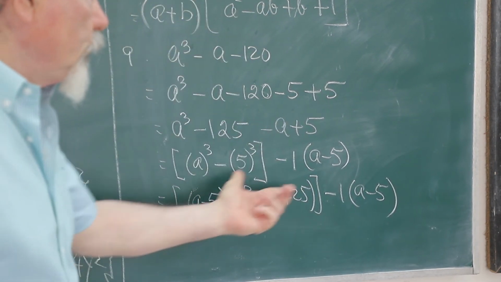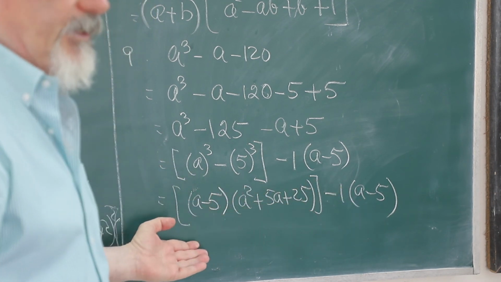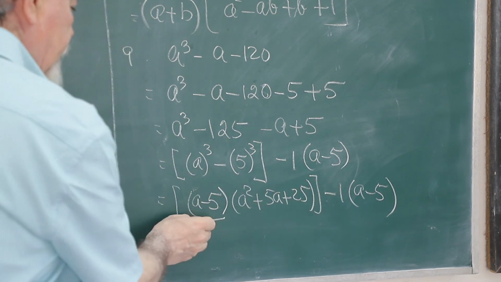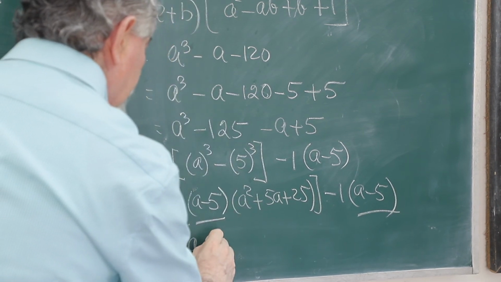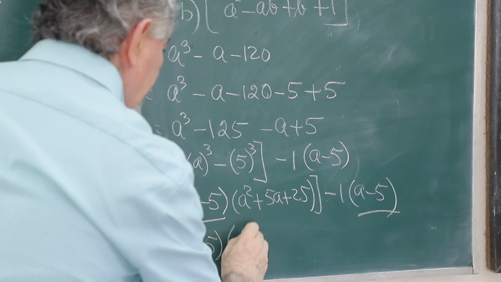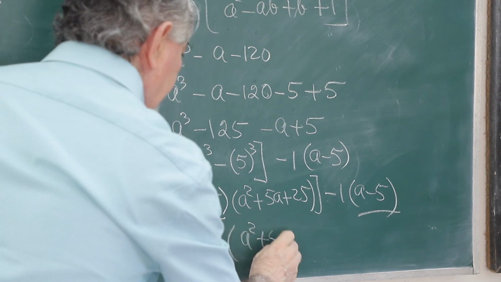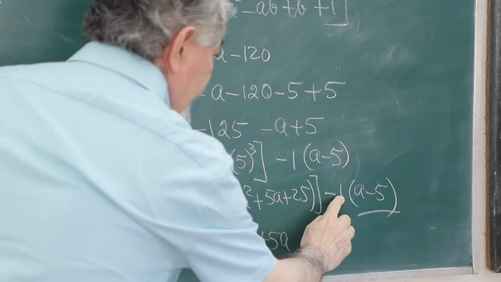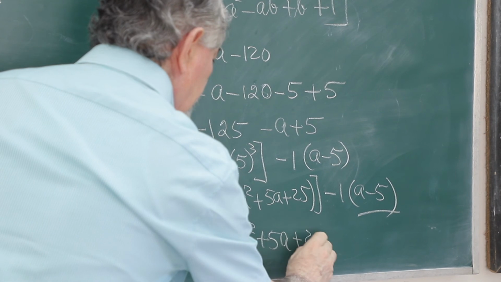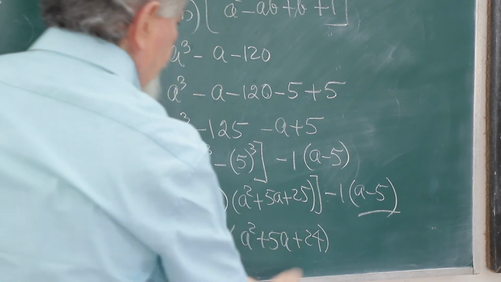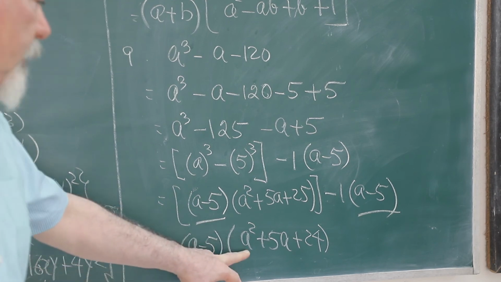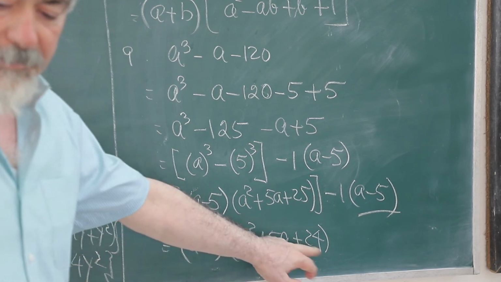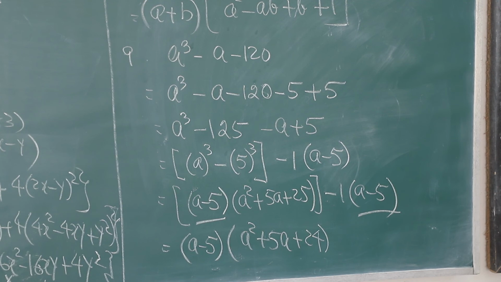In these two expressions, I have a minus 5 common. So I'll take a minus 5 as common, and what will I be left with? A square plus 5a plus 25 minus 1, it will become plus 24. So your factors will be a minus 5 into a square plus 5a plus 24.